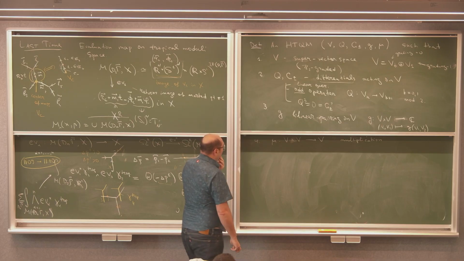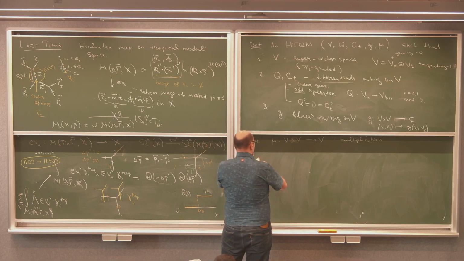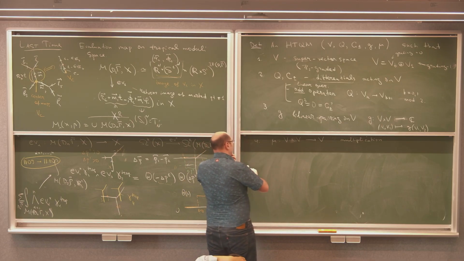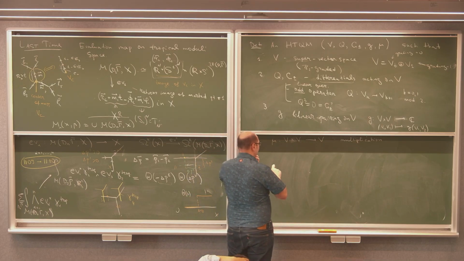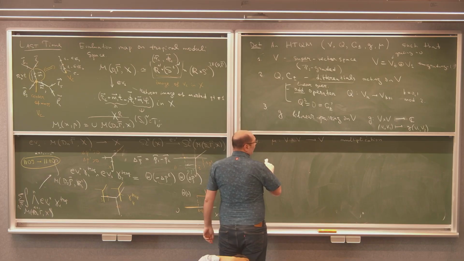Now, for the multiplication we want to require an additional property: that it is an associative multiplication.